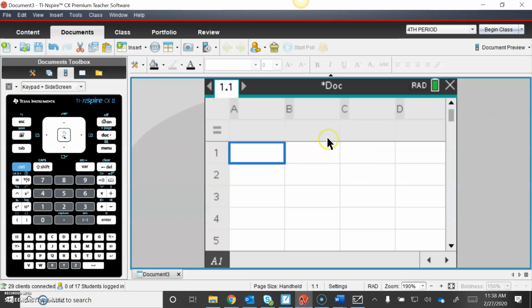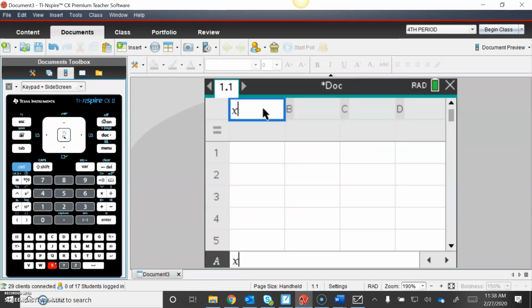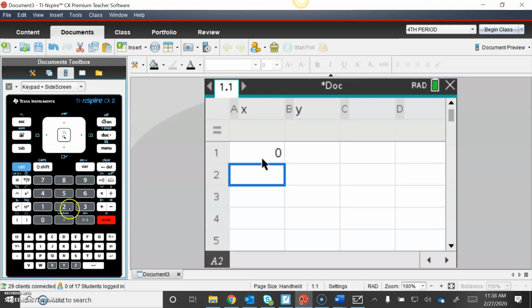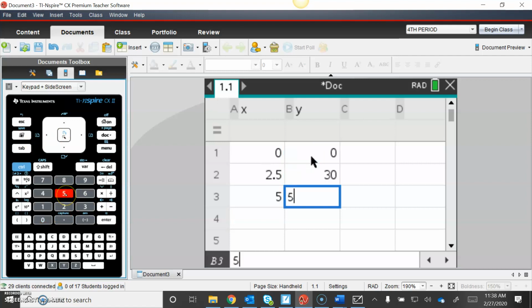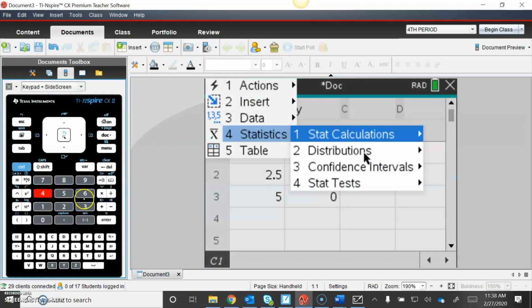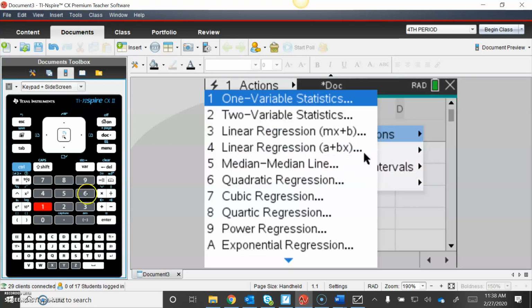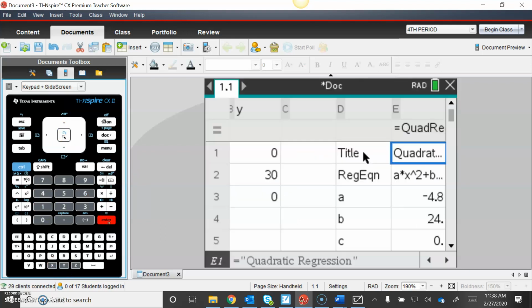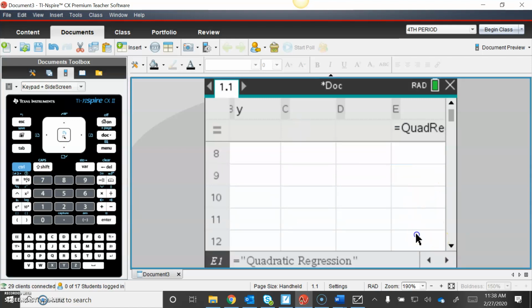So we went to list and spreadsheets, and we had x and y. We had 0, 2.5, and we had 5 for our x's, and then we had 0, 30, and 0 for our y. We went to C1, menu for 1. This was quadratic, so we used number 6. We changed this to x and y and hit enter twice. So we got our quadratic regression.